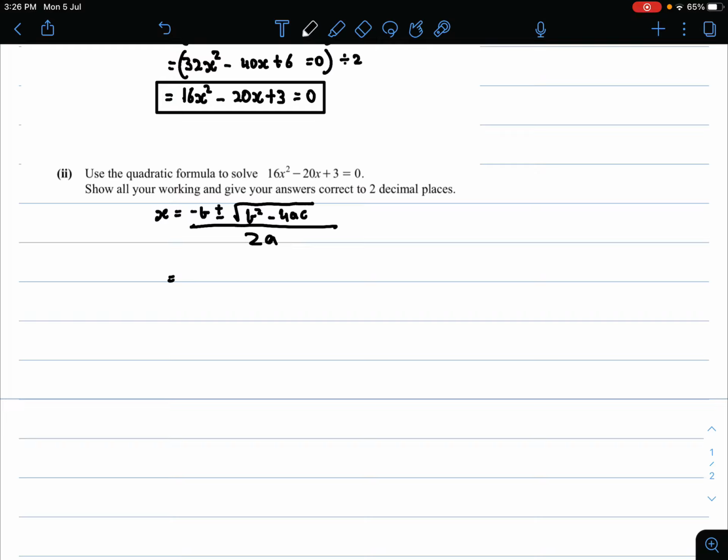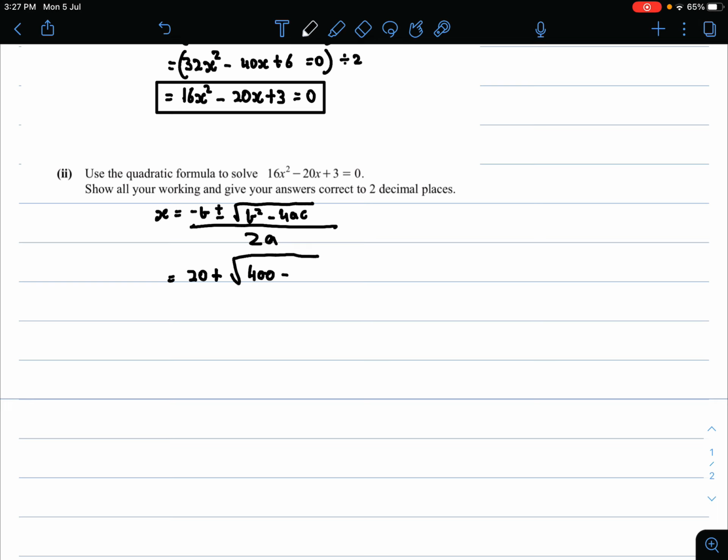So minus b would be minus 1 multiplied by minus 20. So 20 plus, since there are 2 scenarios, plus or minus, we will work that out separately. So 20 plus b square would be 20 square, which is 400. 400 minus 4 times 16 multiplied by 3, because the value of a is 16 and the value of c is 3.